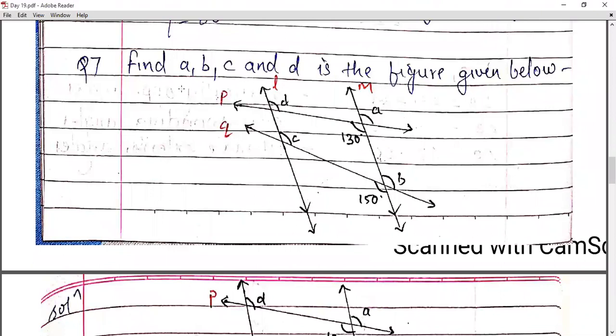Question number 7. Find A, B, C and D in the figure given below. You can see I have a figure over here.